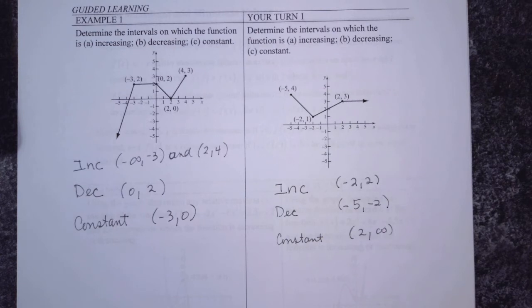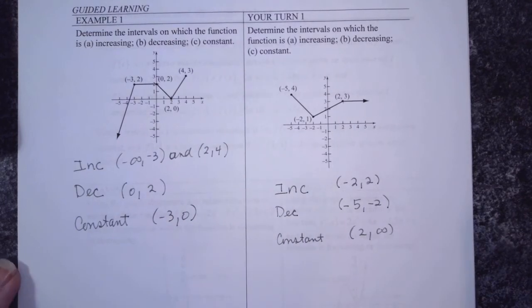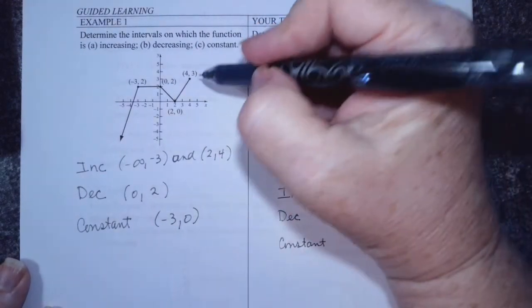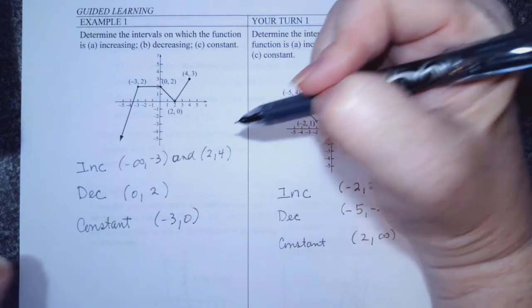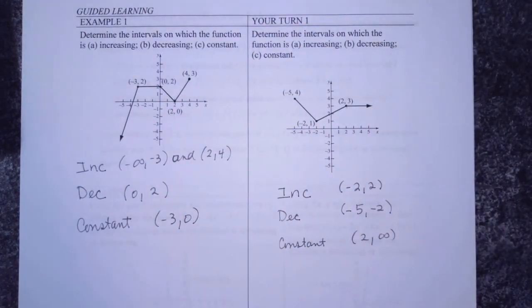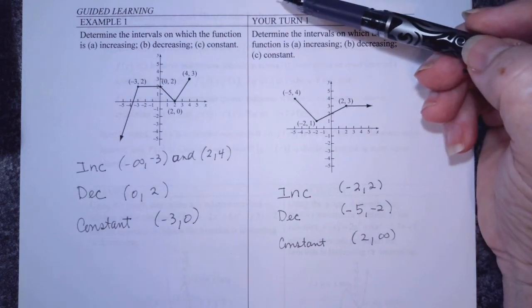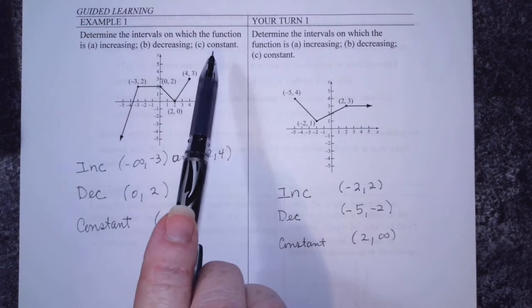Oh, you mean like over here? Because this graph has a little closed circle there, so it stops at that point, and it doesn't extend forever in that direction. The same way this one stops at -5 and doesn't keep going.